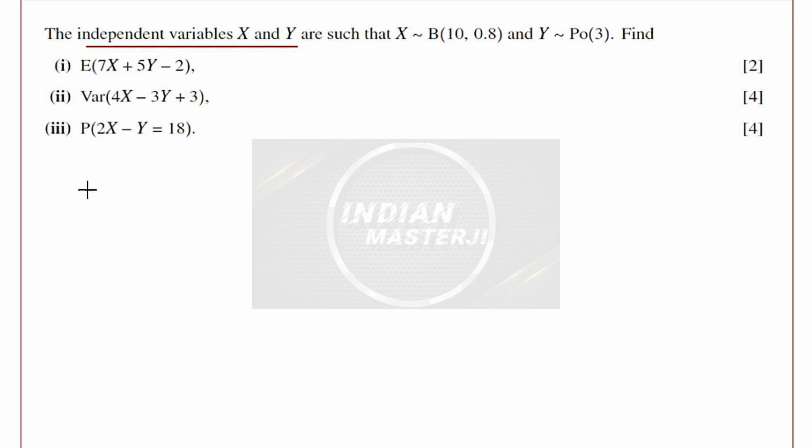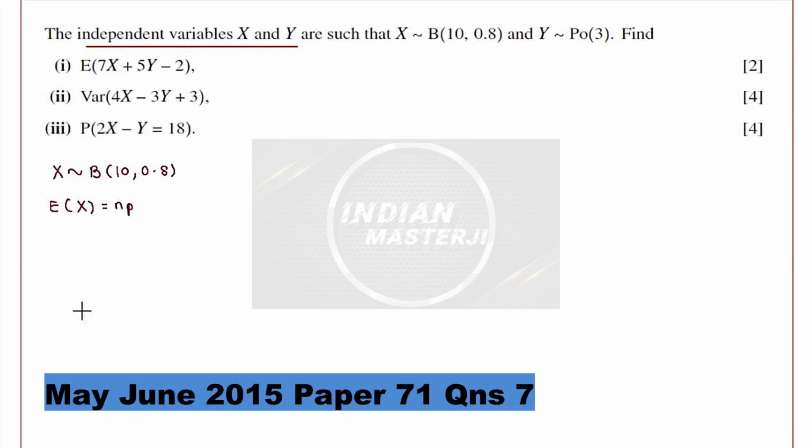Now, if I know that X follows a binomial distribution, I will have to know the mean and the variance of X. So what will be the mean of X? Mean of X will be equal to n into p. Correct? This is my n and this is my p.